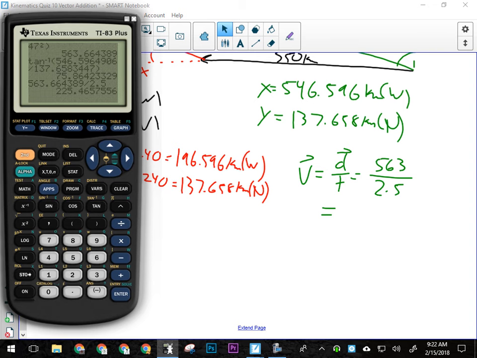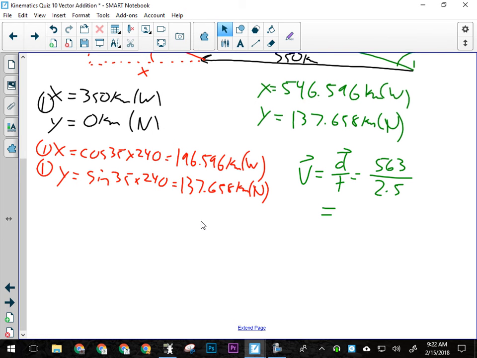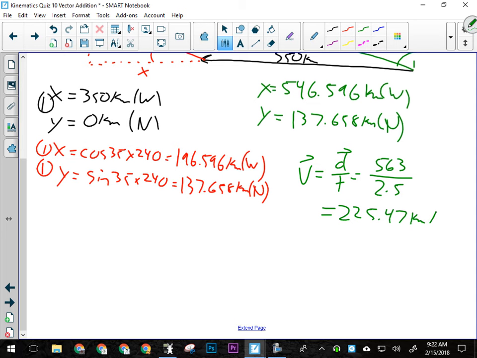All right, so this plane is traveling at 225.47 kilometers per hour. All right, now that's another mark.